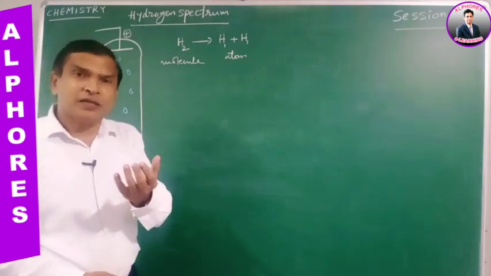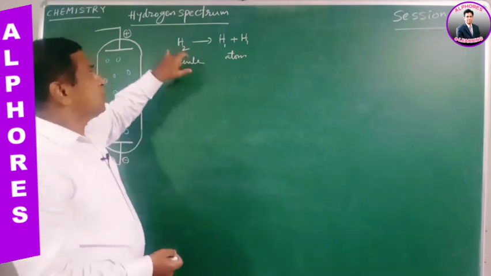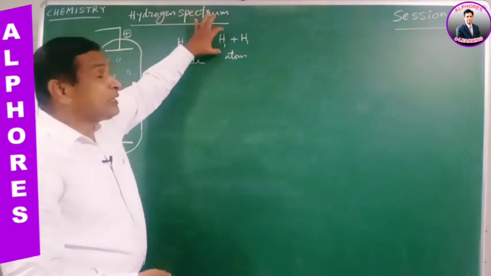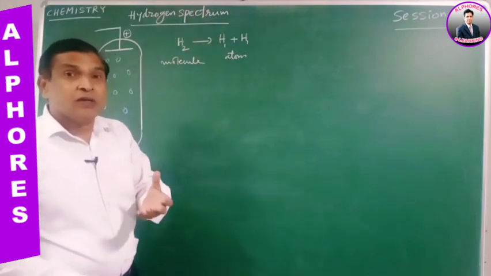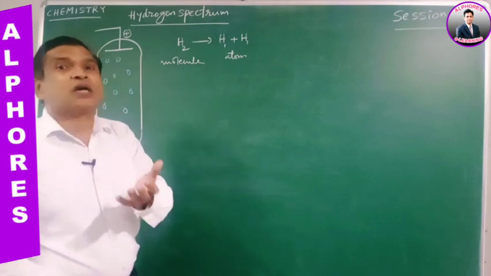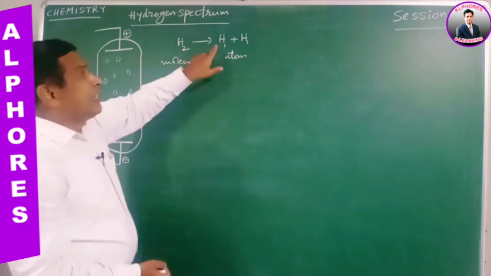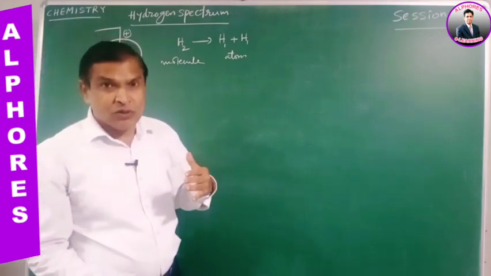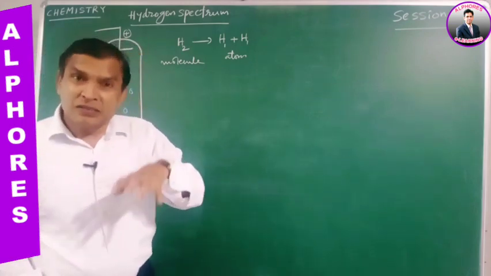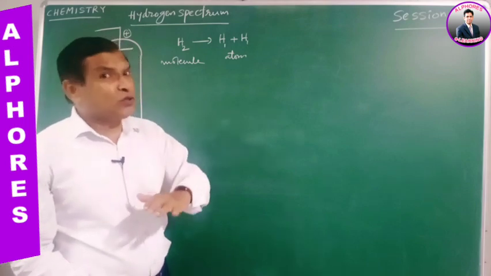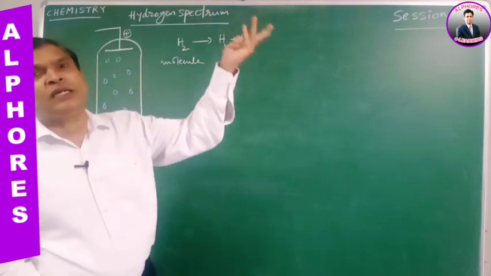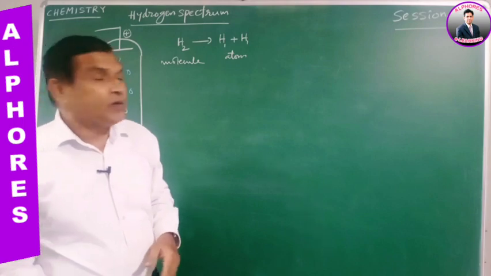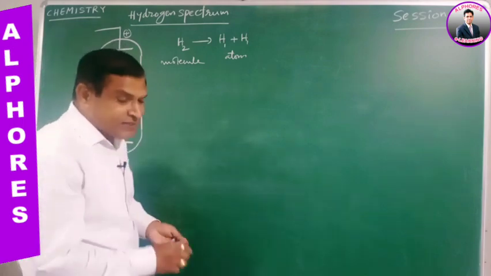Some part of the energy is absorbed to dissociate hydrogen molecules into atoms. The other part of the energy is consumed to excite unpaired electrons of hydrogen atoms. So, by absorbing some photon energy, the electrons get excited into various energy levels. Those are the excited electrons.